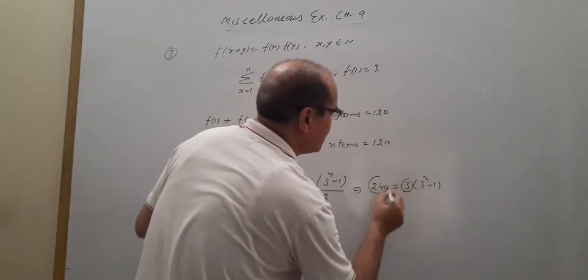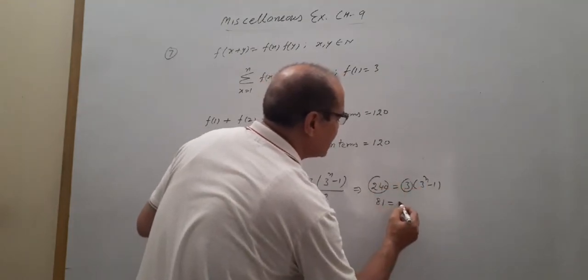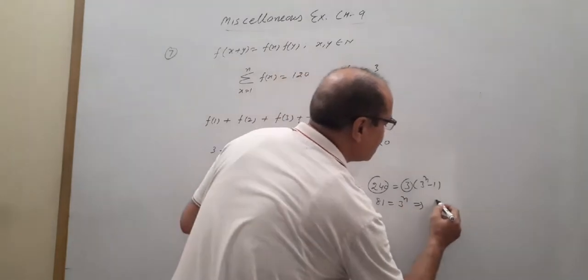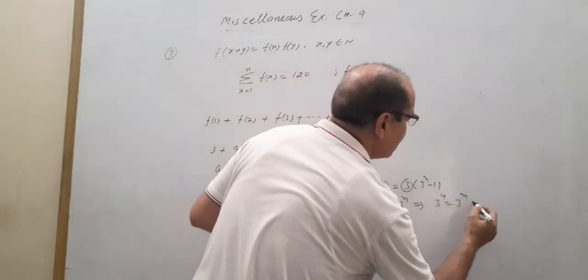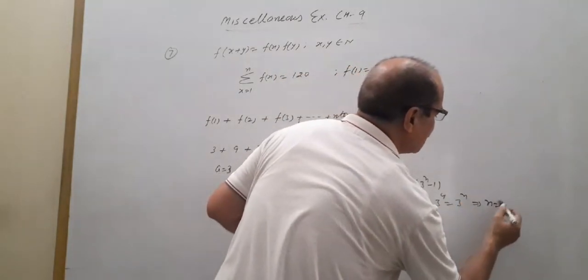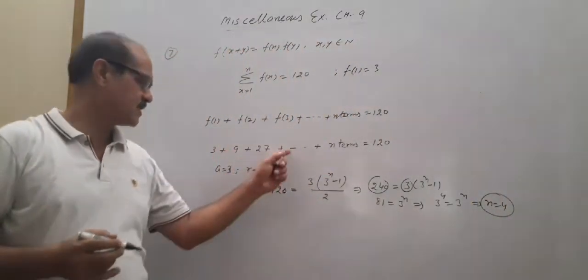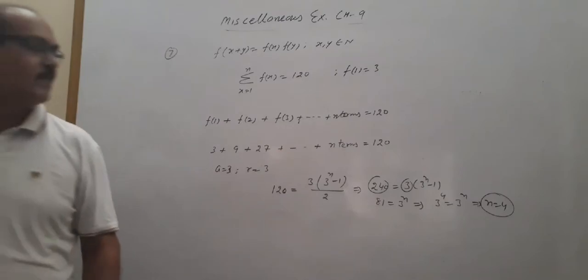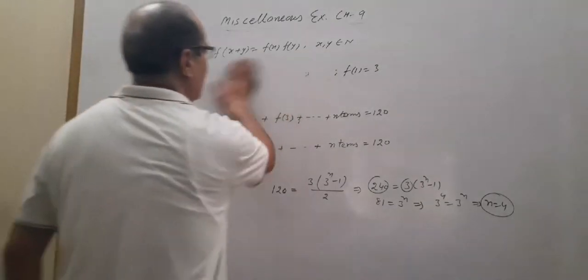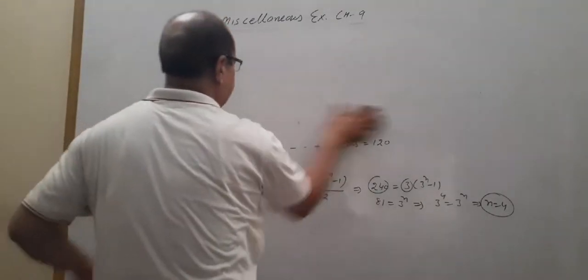Now this 3 goes to the other side and becomes 80, and plus 1, that is equal to 81. That implies 3 power 4 is equal to 3 power n. That implies n is equal to 4. The meaning of this is, if we add the first four terms, the sum will be 120. Okay, so this is clear.